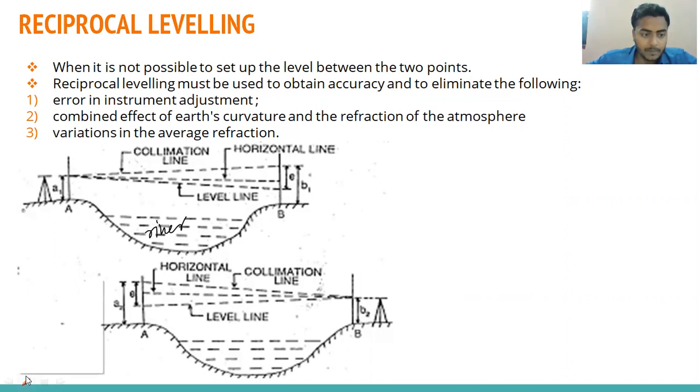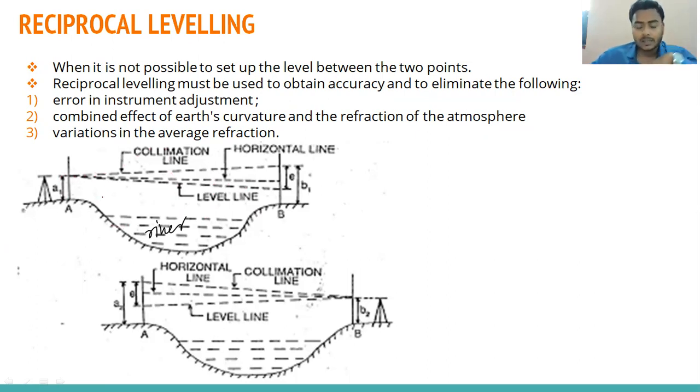Suppose this is the river. So we cannot keep a staff in between, at stations A and B. So in this case, we will keep a staff at A and B, and the instrument we will keep at A, then at B. Then we will take the readings at A and B, like that. So this type of leveling is called reciprocal leveling.